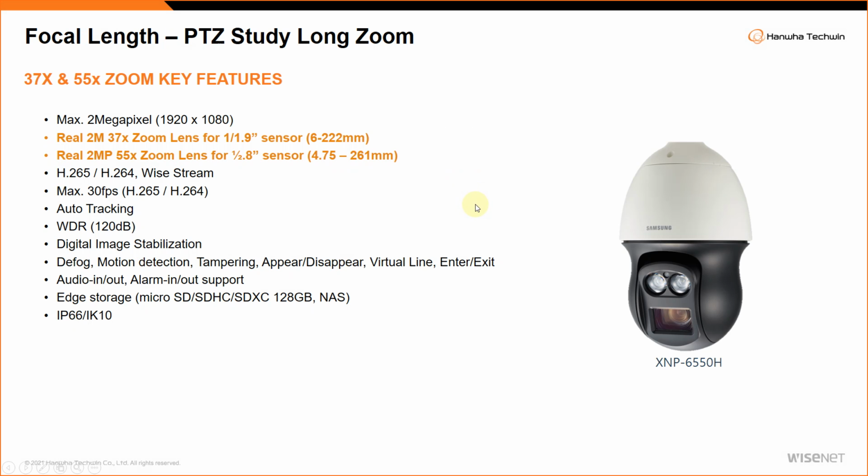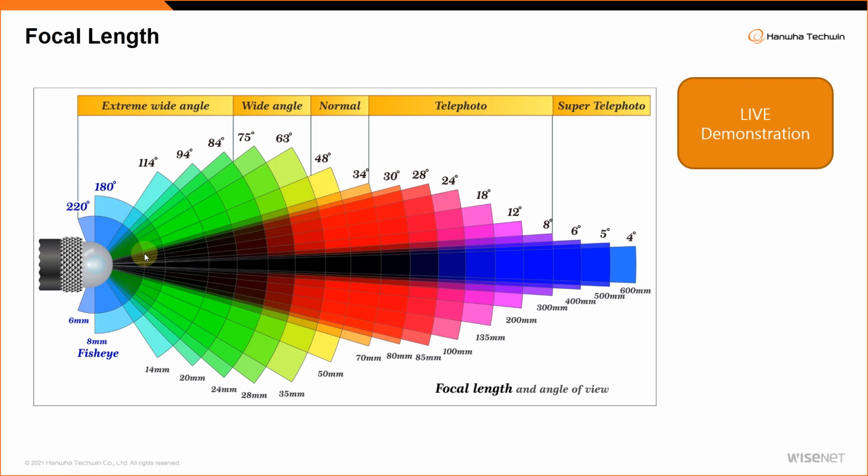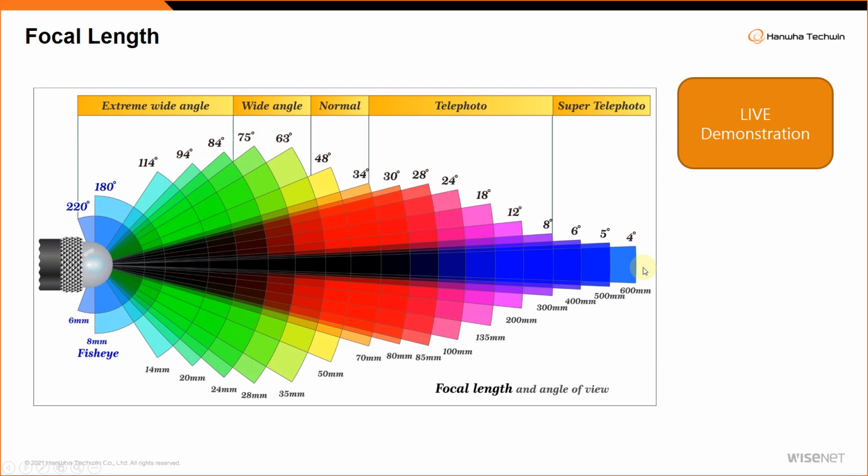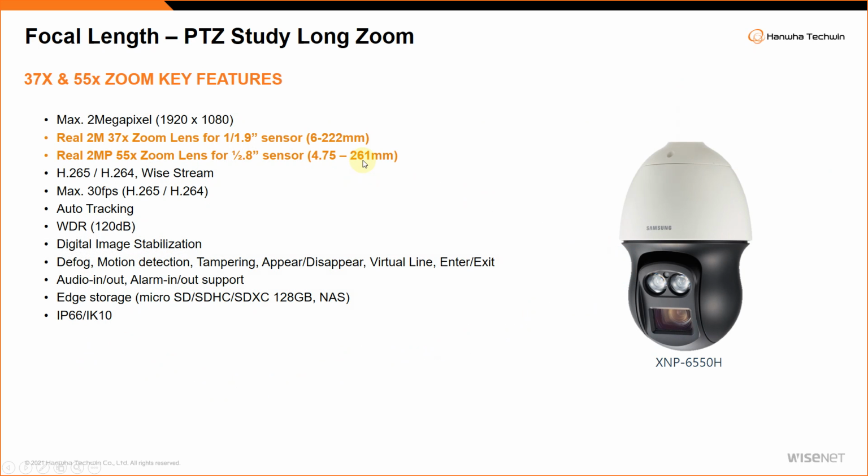Can I explain 55x one more time? Smaller focal length means wide angle, large focal length means narrow angle. You can zoom further. How do you get the optical ratio?